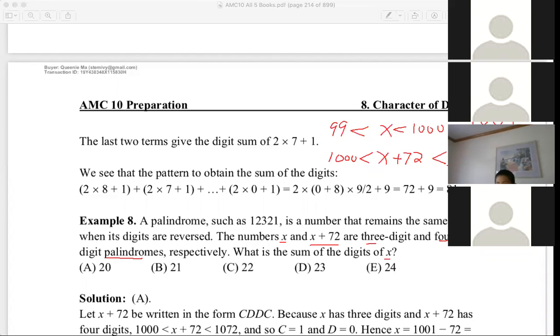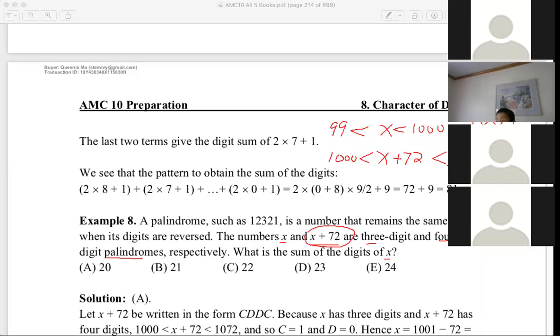So that means this 4-digit number has to be 1001. So x plus 72 has to be 1001. So then 1001 minus 72. So we get 929. Then you add the digits of this number, that will be 18 plus 2, that will be 20. Correct answer, that's A, right?